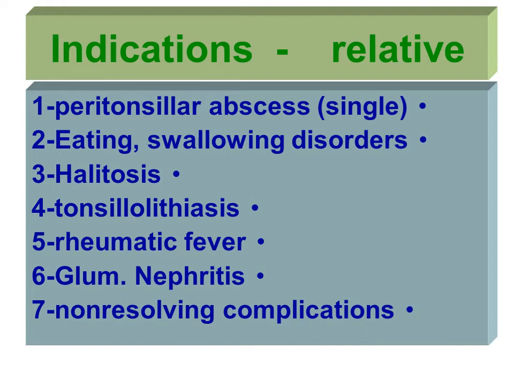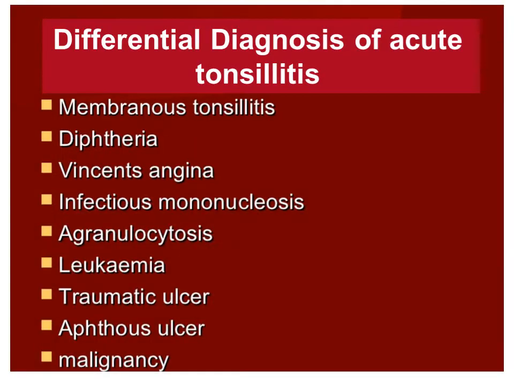Also halitosis, bad mouth odor, tonsillolithiasis, rheumatic fever, glomerulonephritis, and non-resolving complications of tonsillitis, for example recurrent acute otitis media and recurrent sinusitis, so we have to remove the tonsil to get rid of these unresolved complications.